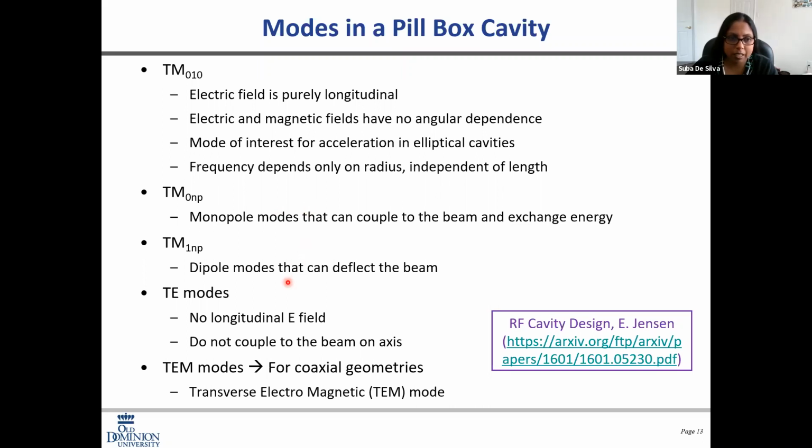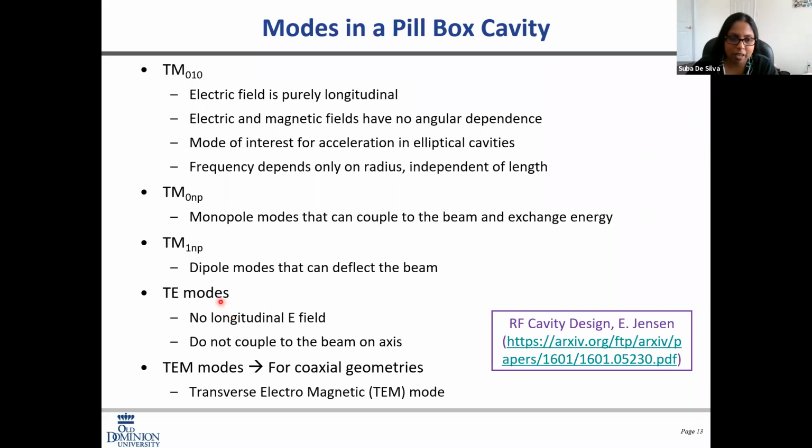Then if we go to TM1NP or TM110, for example, this is a squashed elliptical cavity, and the moment you have the 1 here, it becomes a dipole mode, and then this can be used to deflect the beam as a deflecting or crabbing cavity.